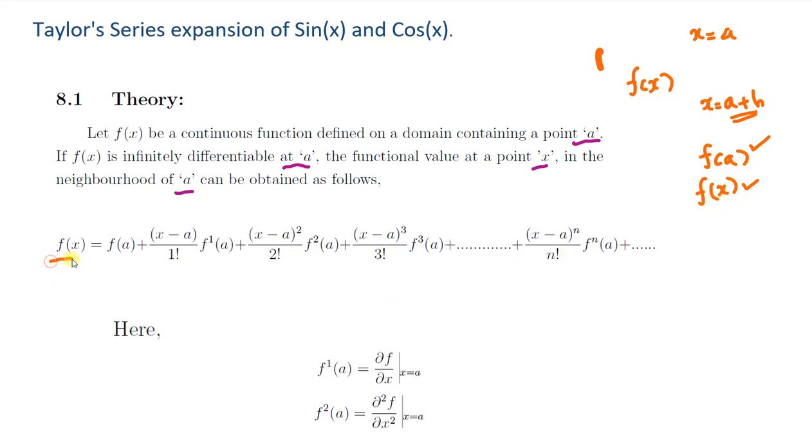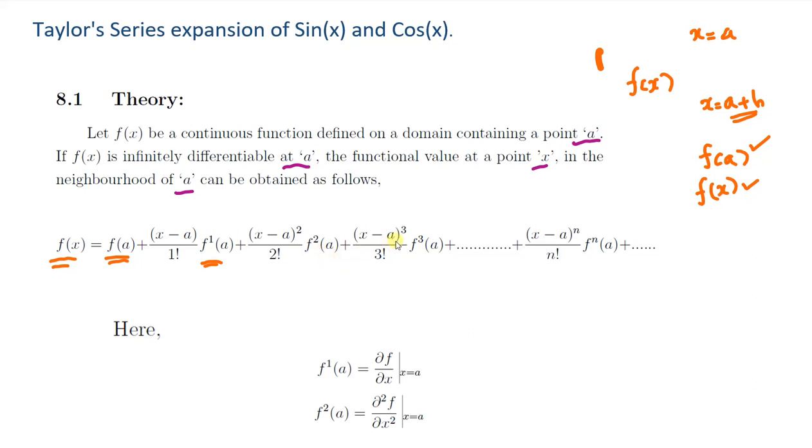So f of x is equal to the value of the function at the point a plus x minus a, the difference between the values of x and a, x minus a by 1 factorial into the derivative of the function at the point a, f1 of a. f1 of a means the first derivative of the function at the point a, plus x minus a all squared by 2 factorial into f2 of a. f2 of a means the second derivative of the function at the point a.